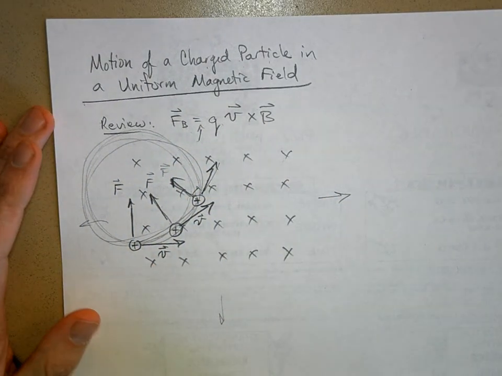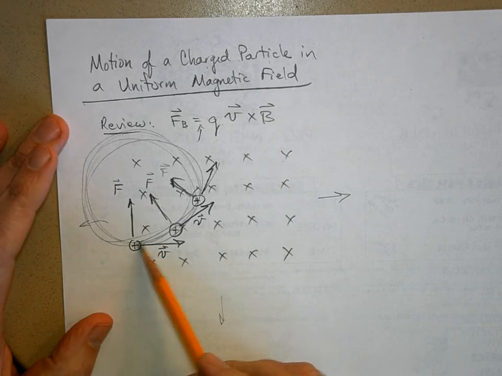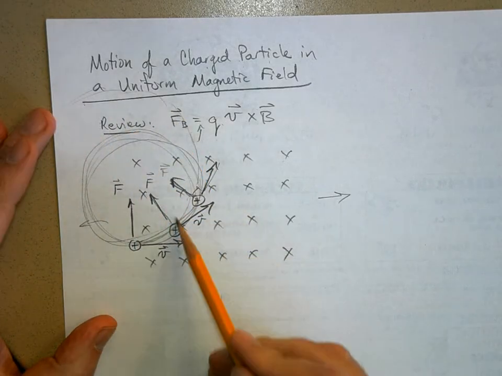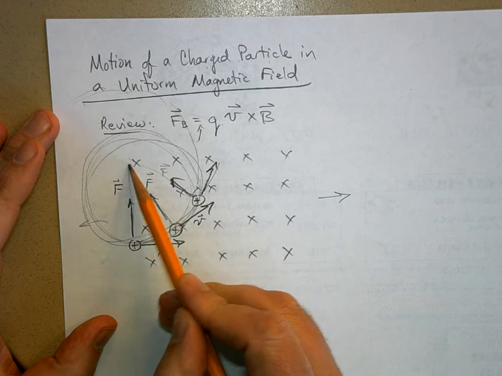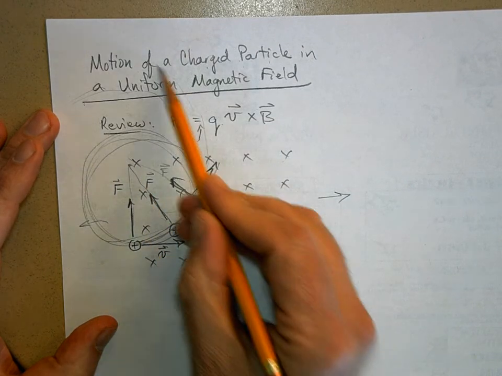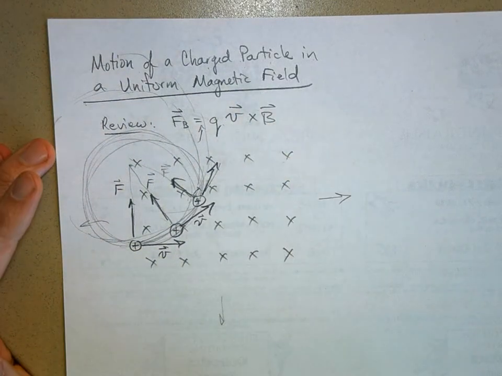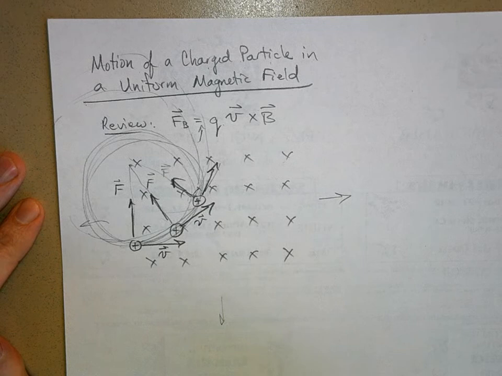So if you think about this, that circle should be a lot bigger, huh? Because if I extend these, here's my center, and so it's going to be way up there like that. The charged particle is going to move in a circle.